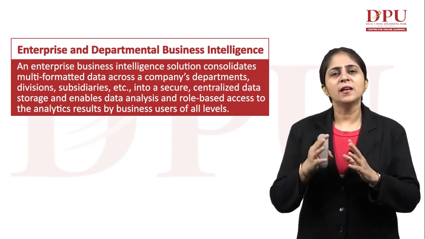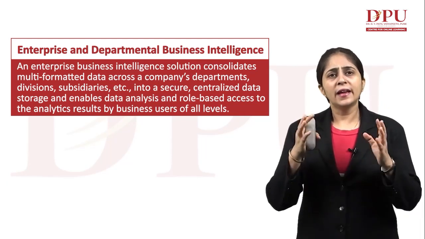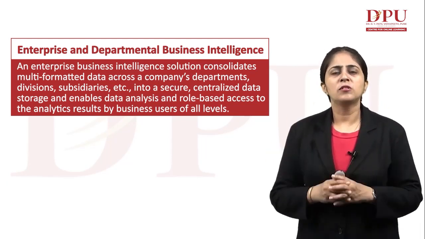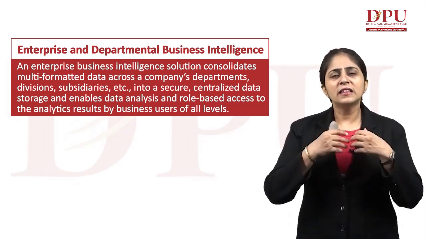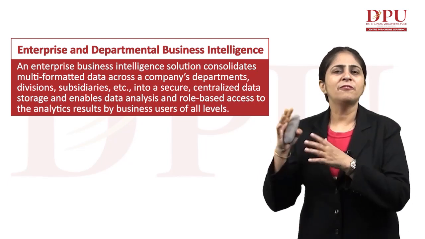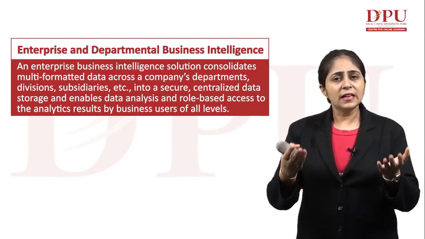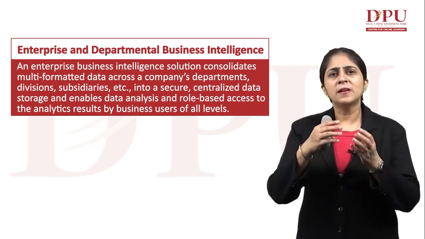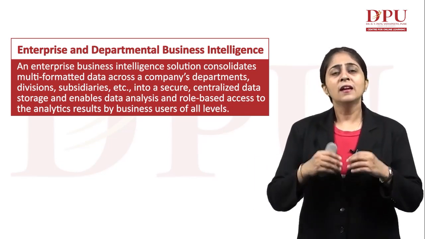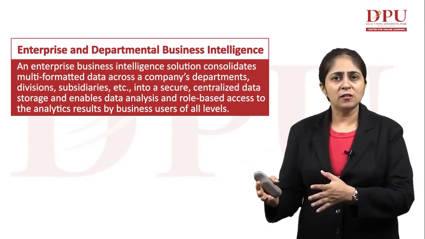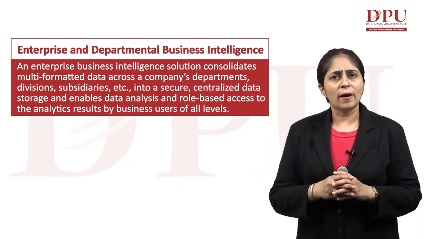What happens in an enterprise business intelligence solution? Basically, when we install an enterprise business intelligence solution to our enterprise, what do we require? We require that the data, which is in multiple formats, should be consolidated together. The data is in various formats because it is being used in different departments and divisions of the company, and they all format the data as per their requirement.